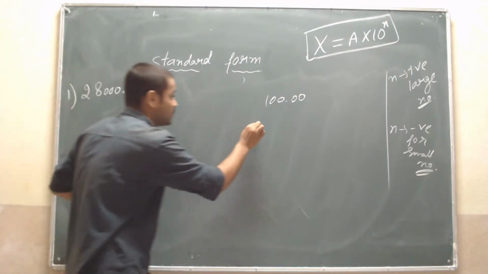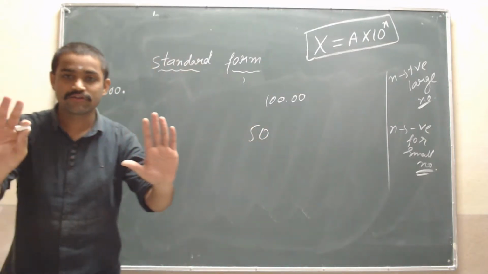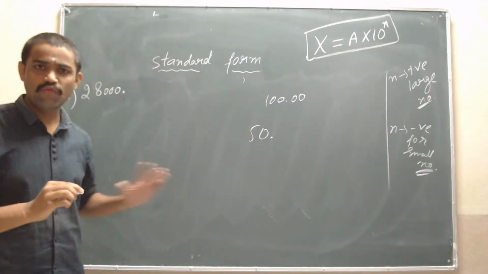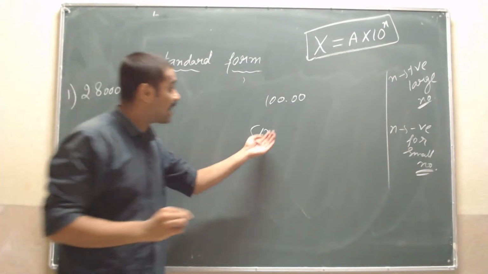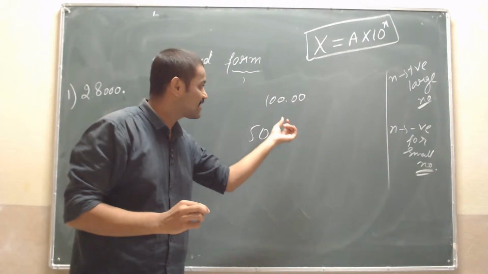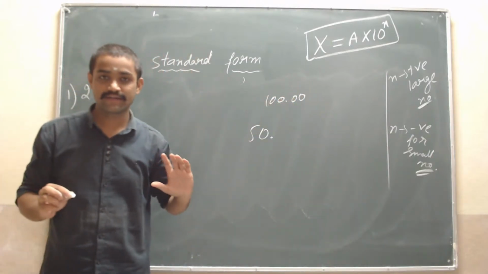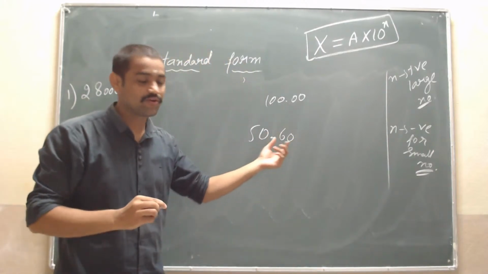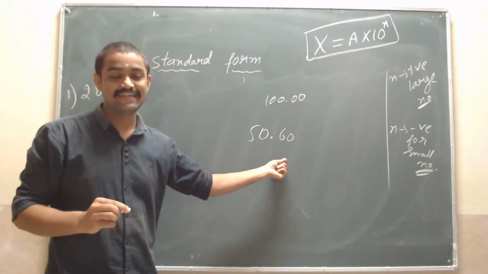Suppose I write 50. Sir, there is no decimal point in 50. No sir, at the end there is a decimal point. Why sir? It's a rule, but we can't see it, and after that there is no number, only zeros, so we neglect that. If it is 50.60, then we will indicate the decimal point.